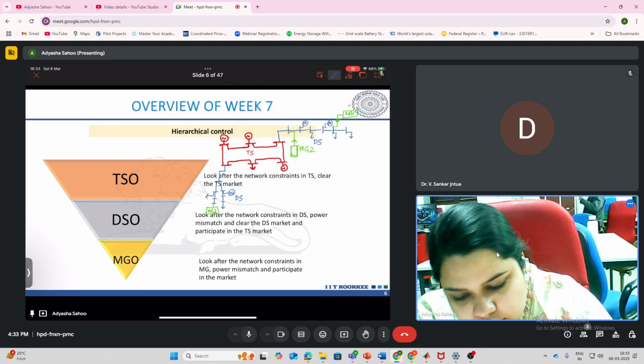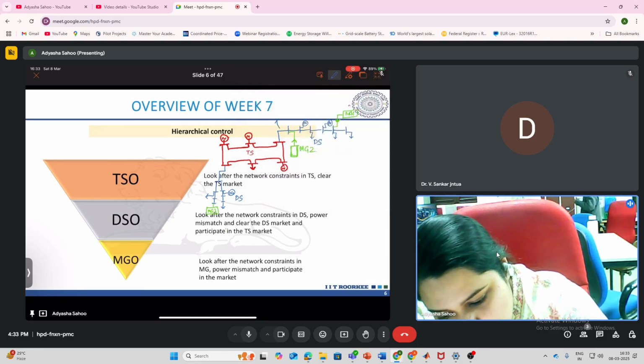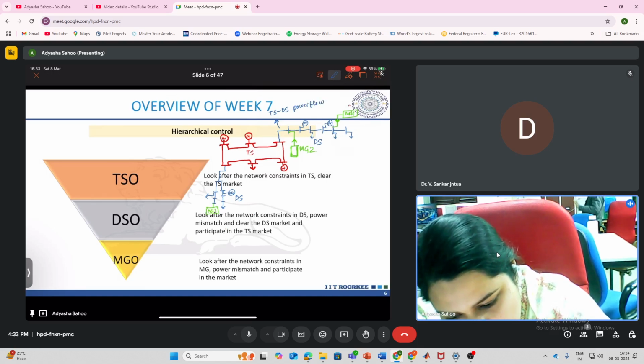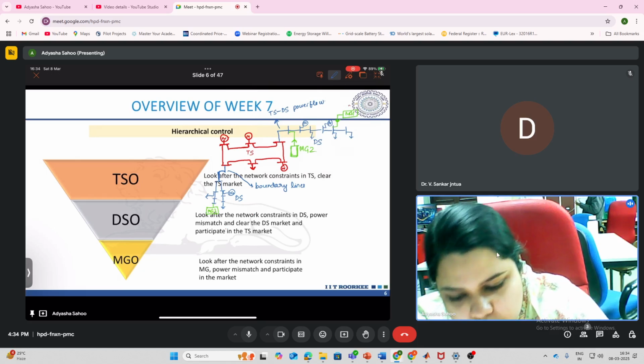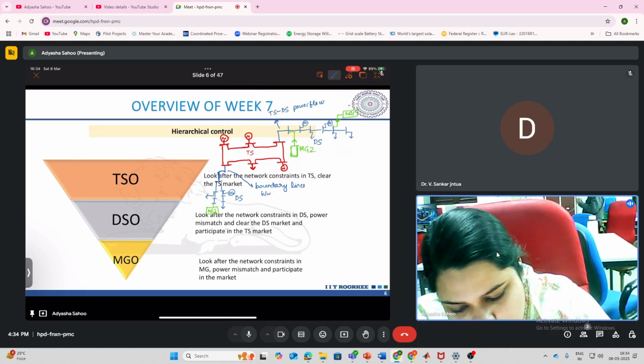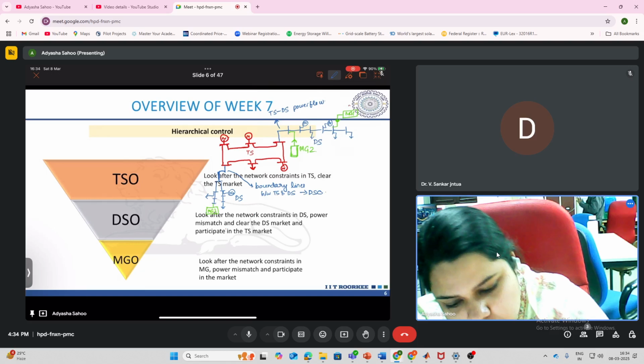These actions will be decided by the microgrid operator. For the distribution system, the power flow between the transmission system and the distribution system, this line and this line, we call the boundary lines. So the power flow through the boundary lines between TS and DS is decided by the DSO.